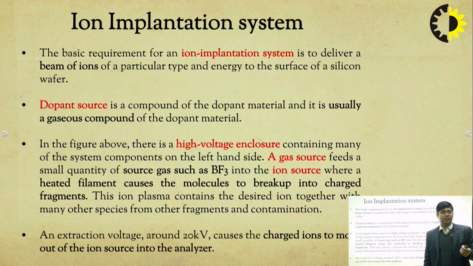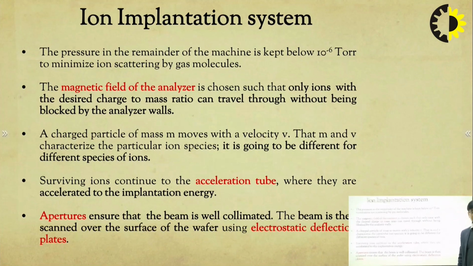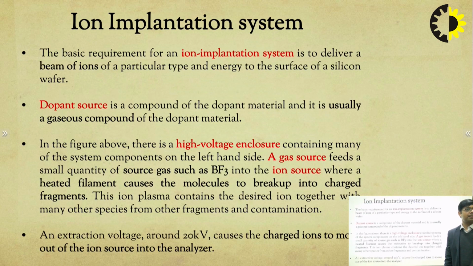The gas source is a dopant compound gas such as BF3, and the ion source consists of a heated filament which causes the molecules to break up into fragments. An extraction voltage of around 20 kilovolts causes the charged ions to come out of the ion source and enter into the analyzer.